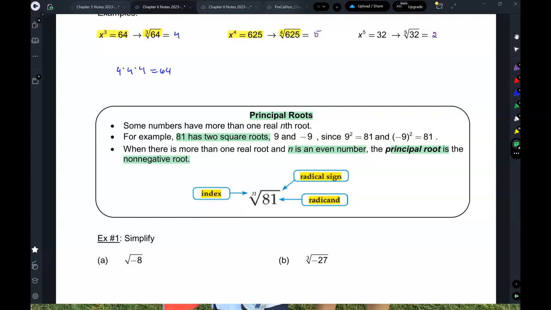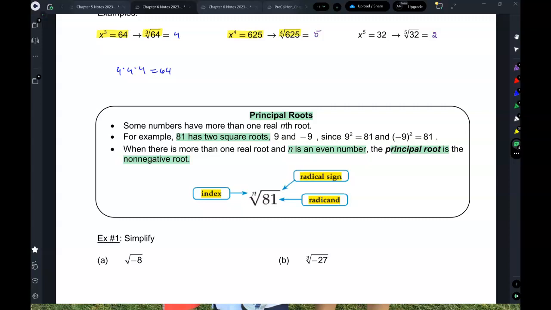That's why when somebody asks, what is the square root of 81, you don't say negative 9. Most of the time you just say 9, correct? That's the principal root. That's what we're going to stick with in this lesson. Even though the book sometimes uses plus or minus, we're not going to do that.